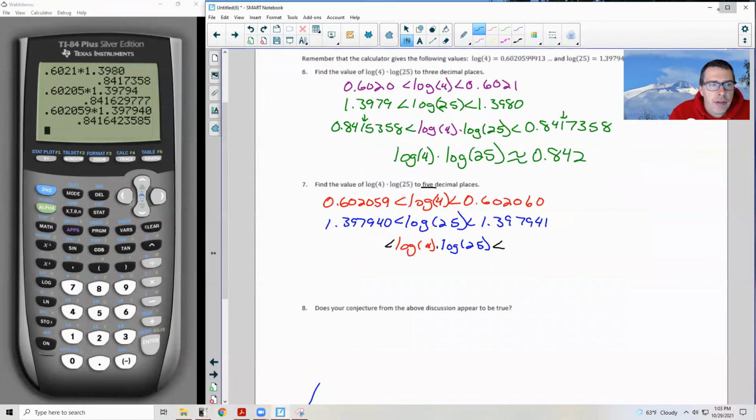And it's going to be 0.8416423. We're only going to 5 decimal places. That's far enough. I only really needed to go to 6.